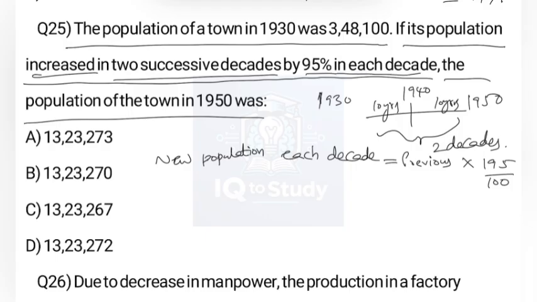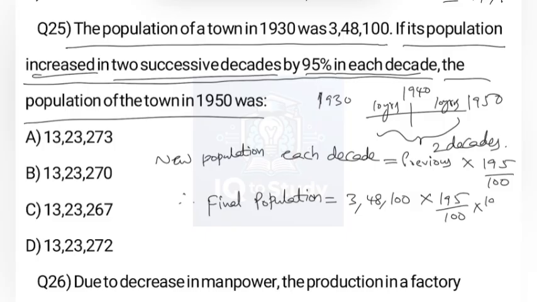So final population is equal to 3,48,100 into 195 by 100 into 195 by 100, because of two successive decades.